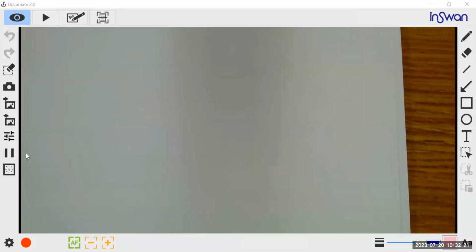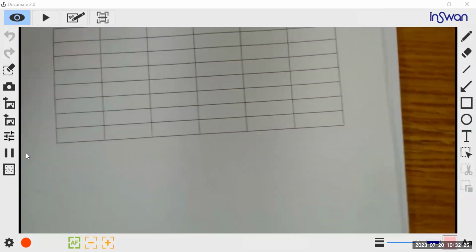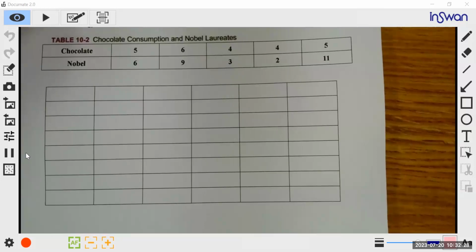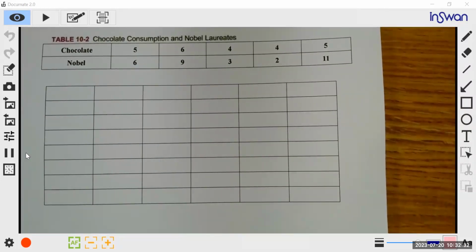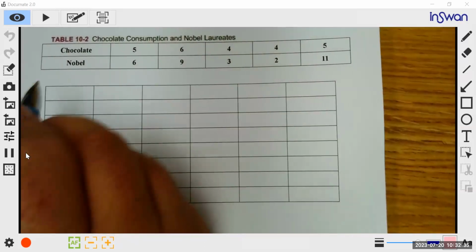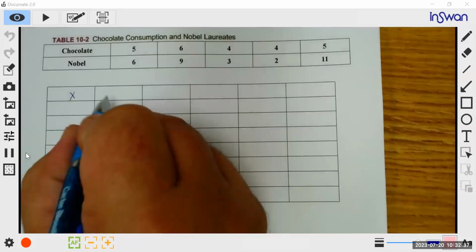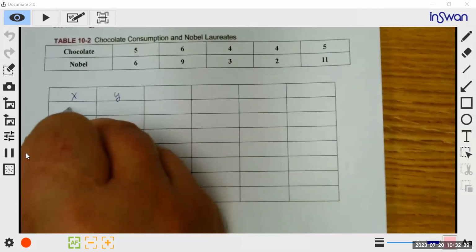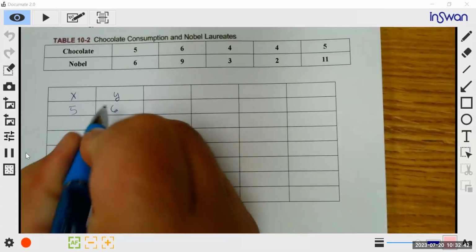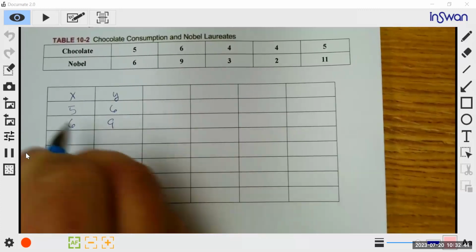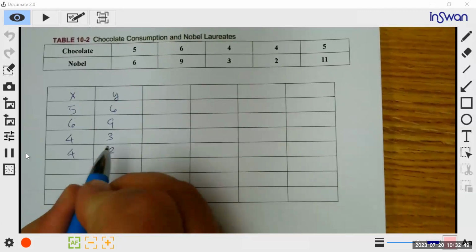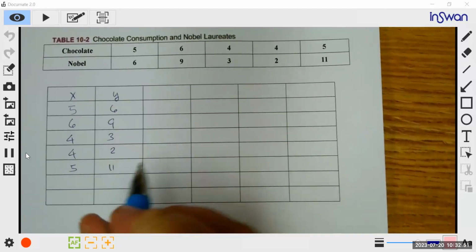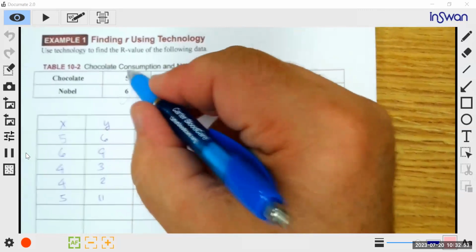The second way of doing it, the same data set, uses the table in the back of the book. So we still have 5, 6, 6, 9, 4, 3, 4, 2, because I'm pairing off all these like this.